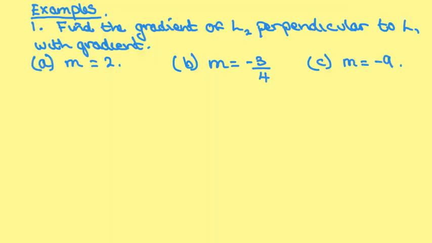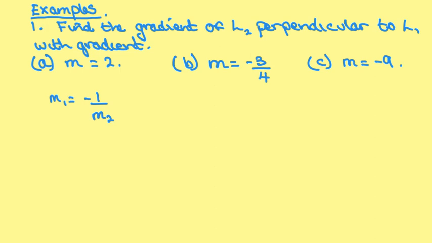Let's go through some examples. 1. Find the gradient of L2 perpendicular to L1 with gradient A, m equals 2. So we know for perpendicular lines that m1 is equal to minus 1 over m2, in other words, the negative reciprocal.